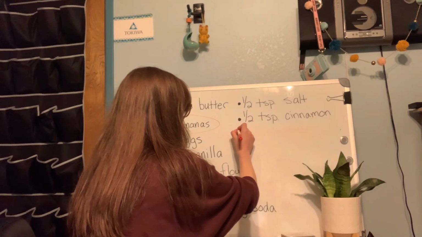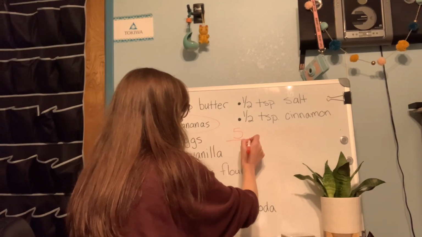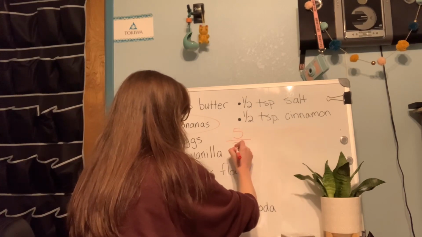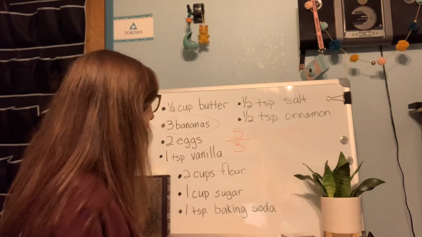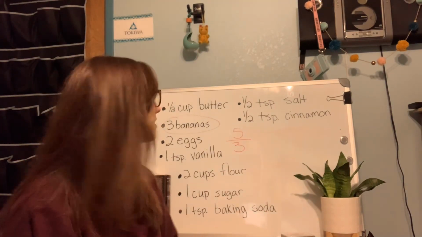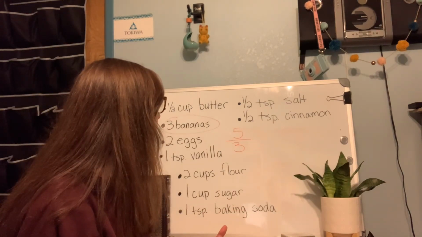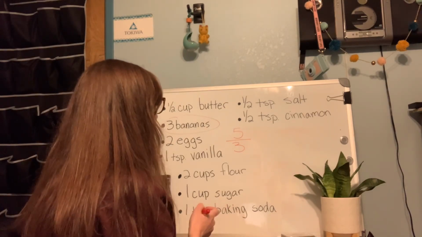Okay, so if you're doing fractions, we're going to put our 5 bananas as a numerator, our original 3 bananas as our denominator. Okay, and as you can see, it's an improper fraction. You probably want to make it a proper fraction so it makes a little more sense.